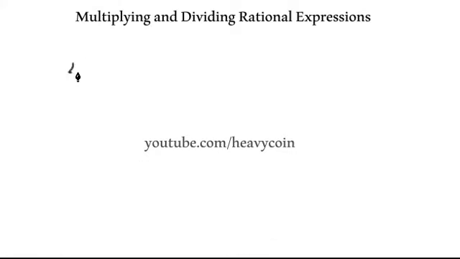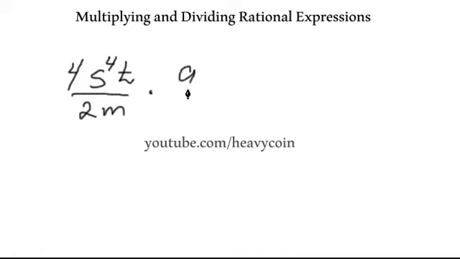Let's see, we got 4s, let's use some different variables here, st over 2m, times 9m cubed over n, and then over 6t, I meant to say, 6t to the 8th. So we want to reduce this down.